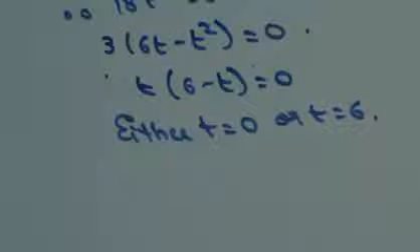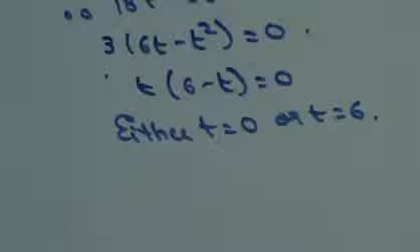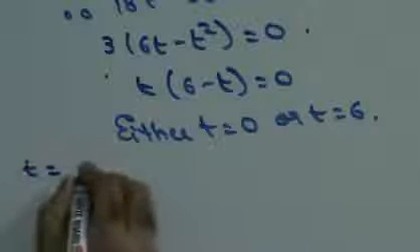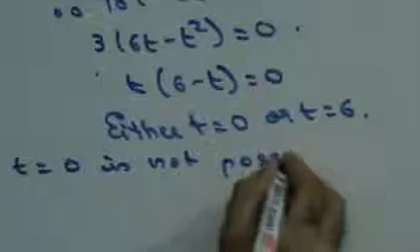t is equal to 0 is not possible because then displacement will not take place. Therefore t will be equal to 6. They have asked you to find out the displacement when velocity is 0. Velocity is 0 when time is 6.